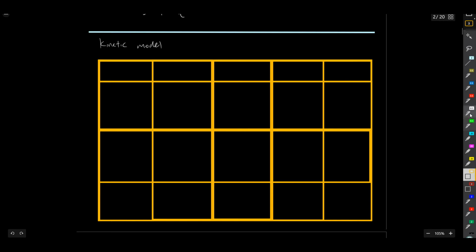It's like how to write. So here is the matter and characteristics. Then we have our solid, which is drawn in this manner: fixed position, closely packed.